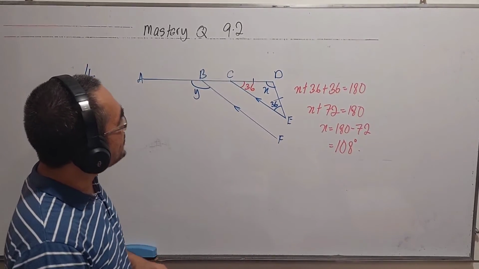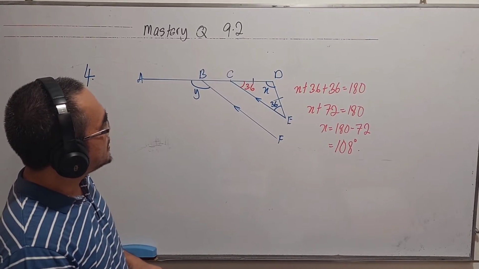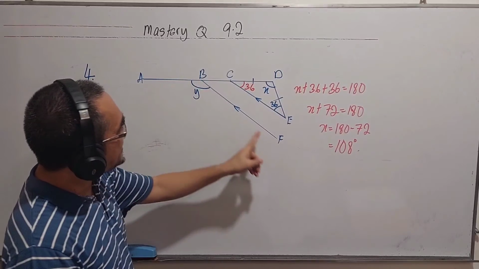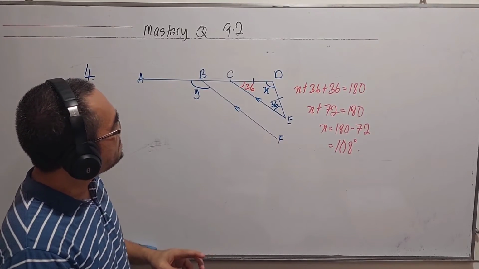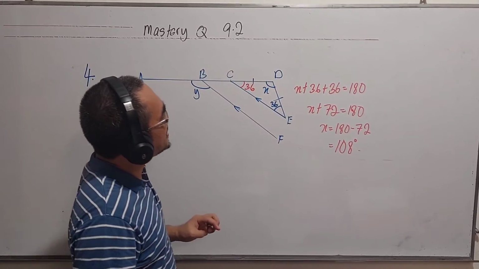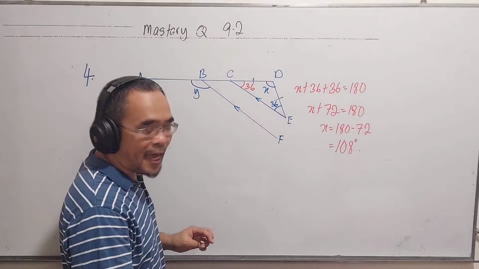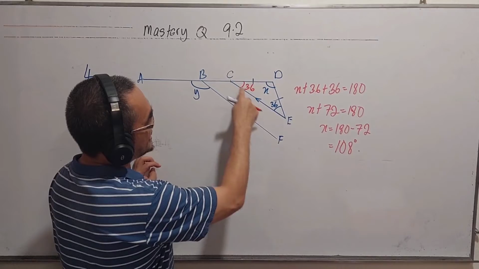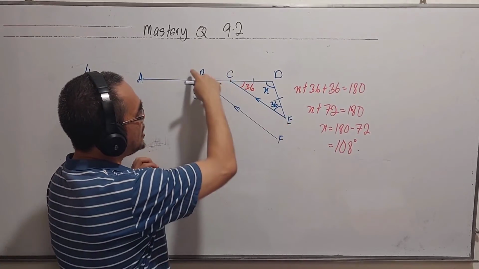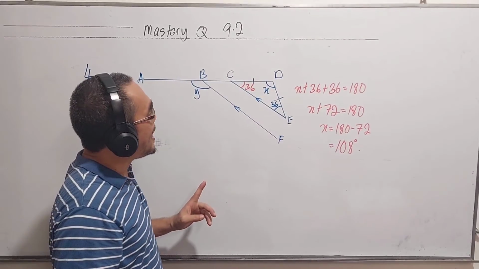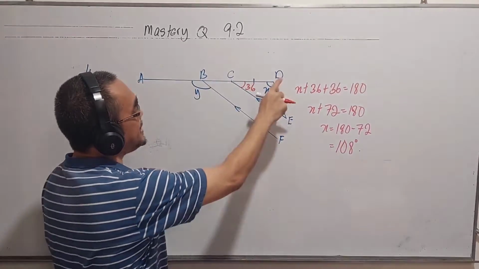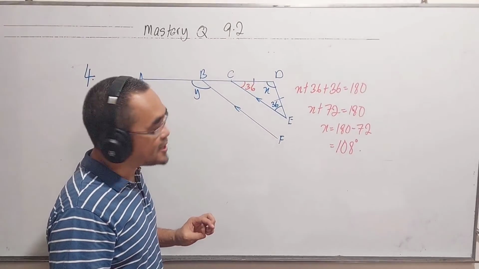Okay, so how to find y? You have to see here that CE and BF are parallel. Using the concept of corresponding angles, if this side is 36 degrees, these two are parallel lines and BC or BD is the transversal.